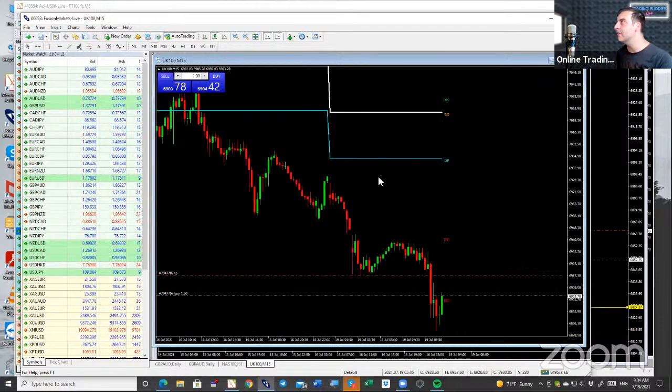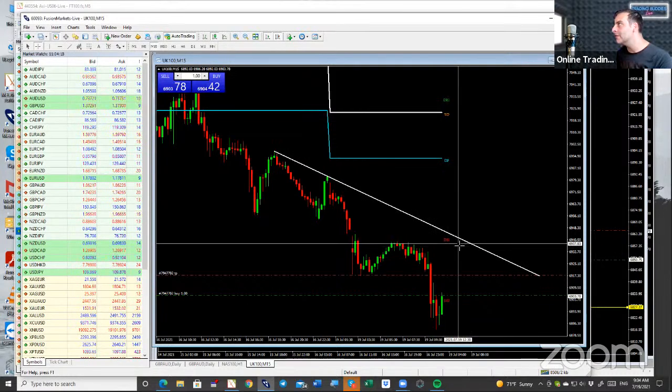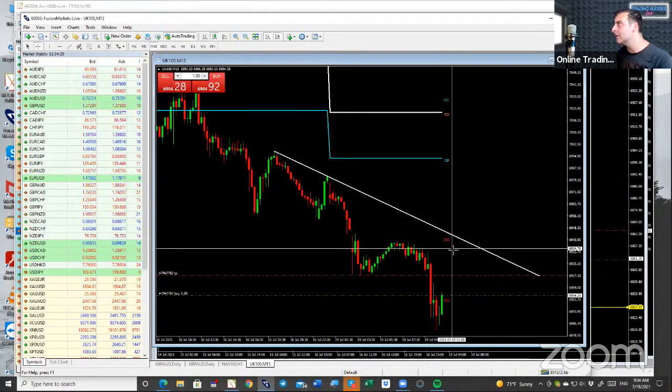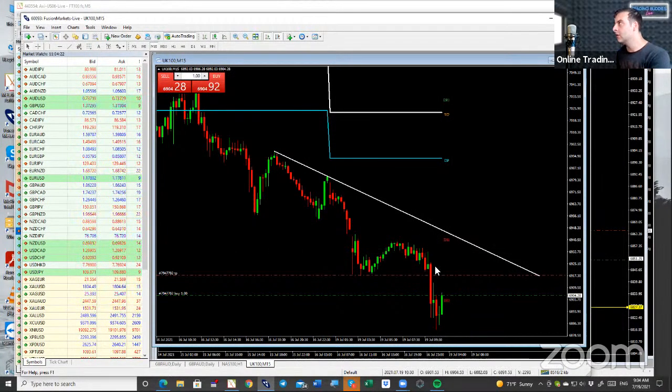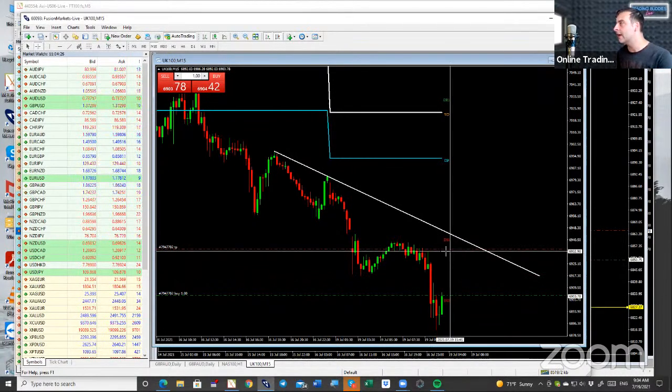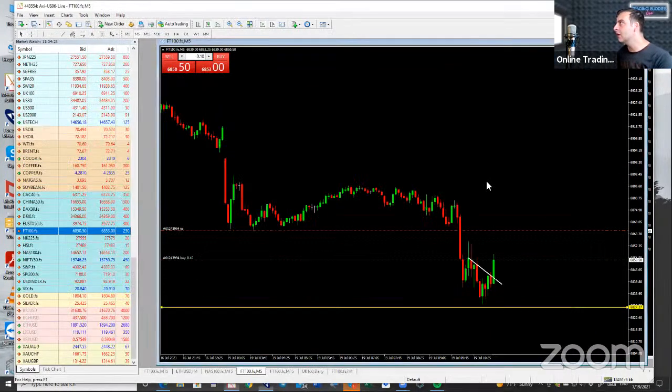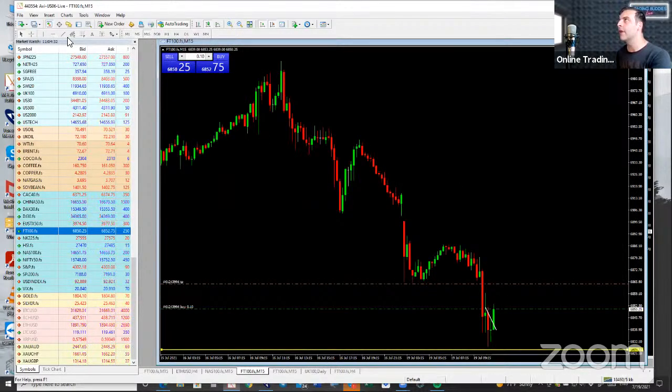This might need a bit of analysis, and you may need to draw some levels in and see what the likelihood is. That looks okay, actually. Again, that's going to be a soft target there, so just be aware that you might need to come out earlier.